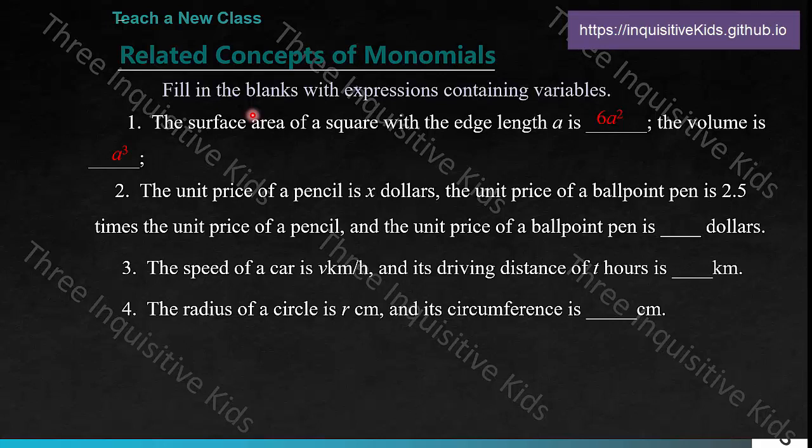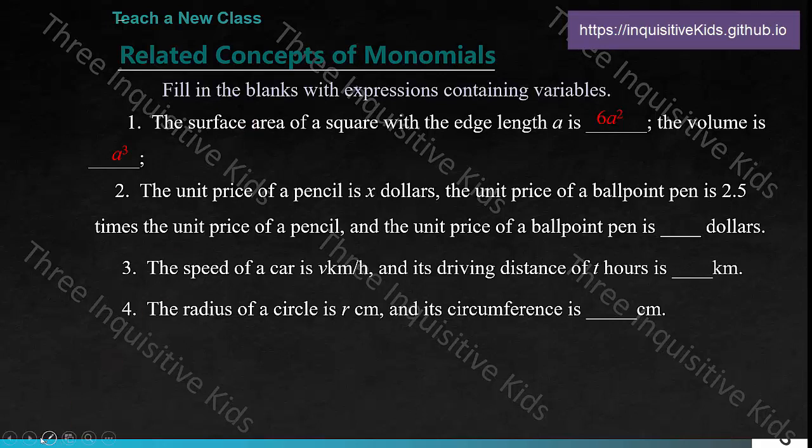It says that the surface area of a square with the edge length a is going to be 6a squared. Actually, no. It's going to be the surface area of the cube with the edge length a will have a surface area of 6a squared.